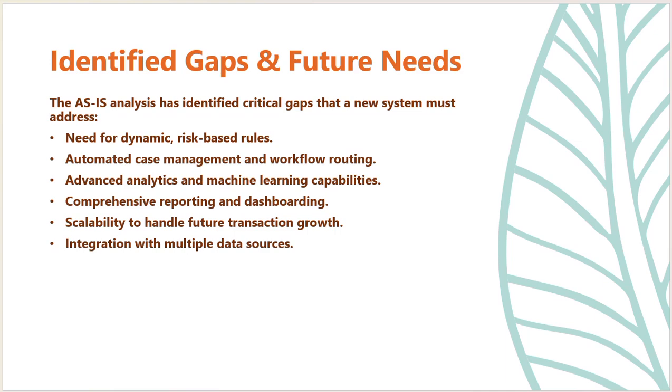We need to automate these, and it will improve the performance of the anti-money laundering team. Advanced analytics and machine learning capability: the system should automatically detect false positive and true positive transactions or customer IDs. That will help, along with comprehensive reporting and dashboards.